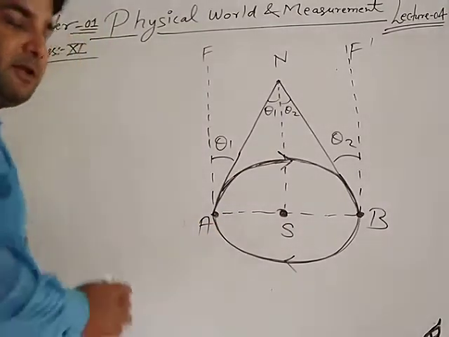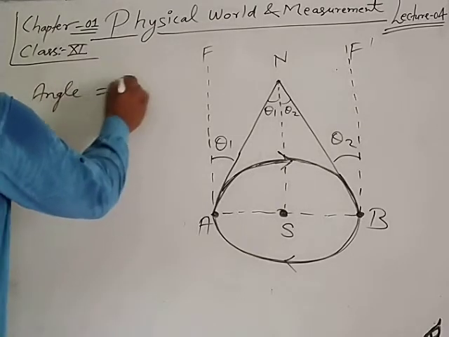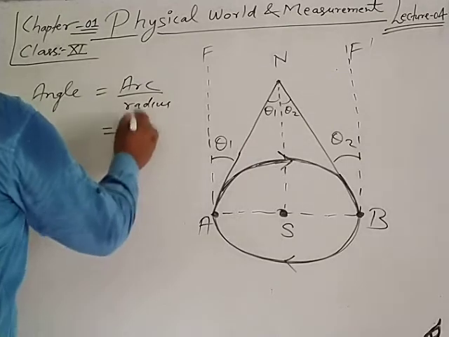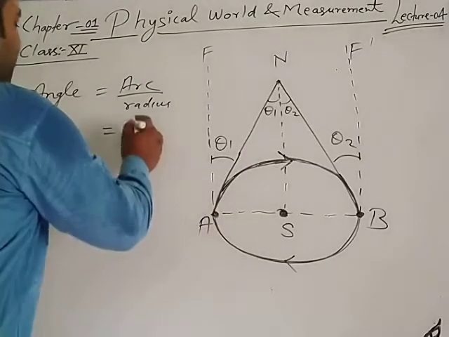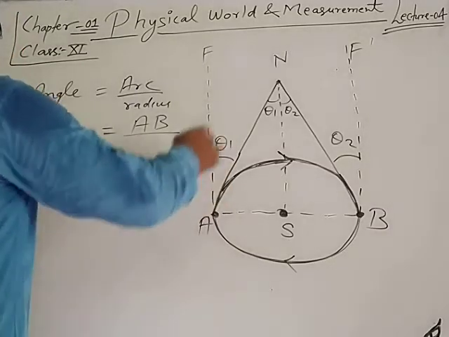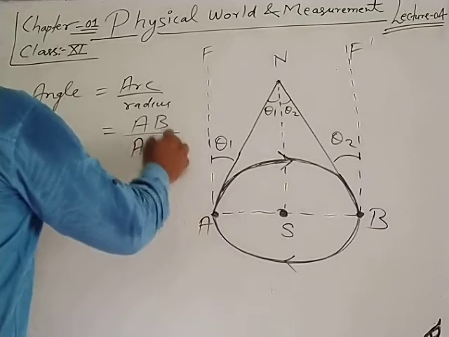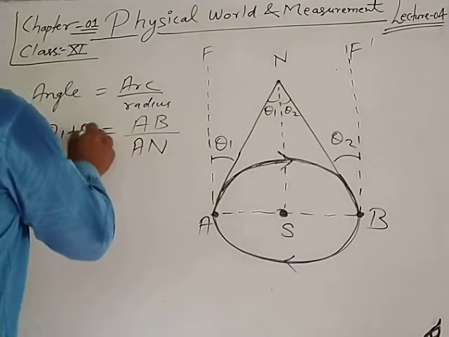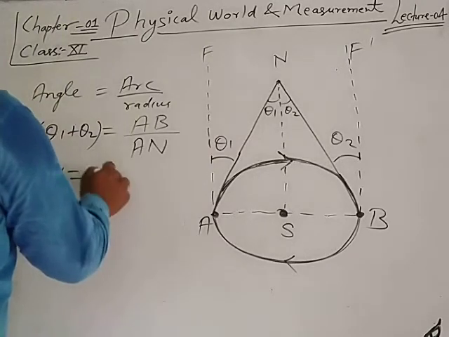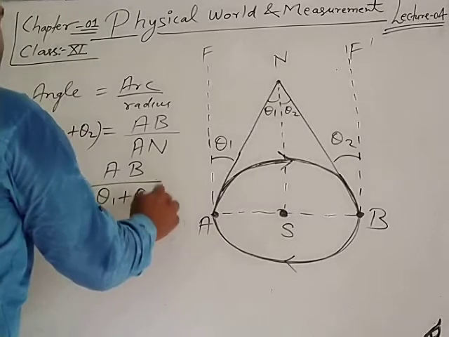So by applying the formula angle is equal to arc upon radius, here arc is AB, radius is AN, and the angle is theta 1 plus theta 2. So AN is equal to AB upon theta 1 plus theta 2.